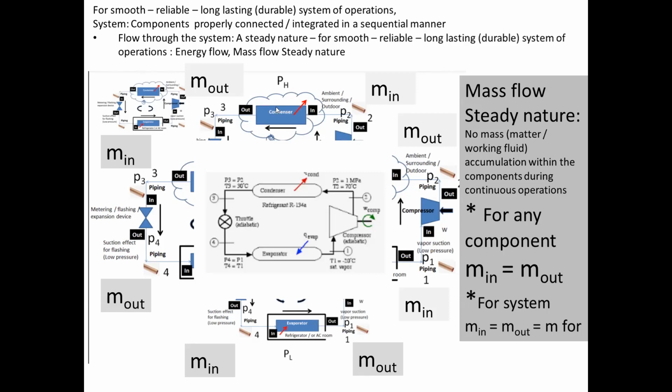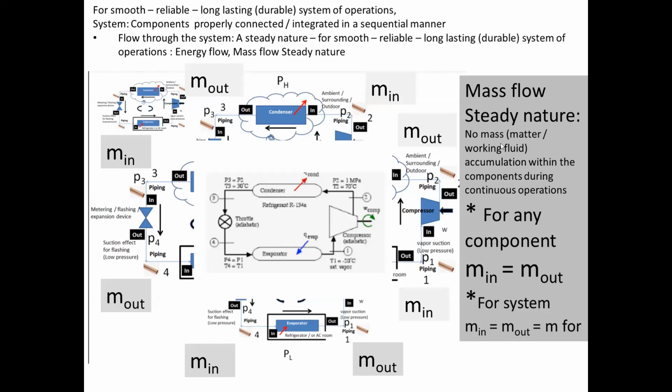That is what we call the stability or the stabilized functionality of components. And we call it steady flow or somewhat like steady state. Okay, I think instead of steady state, let's say steady flow nature in components. Very important, okay? So try to understand this. So M in, M out.